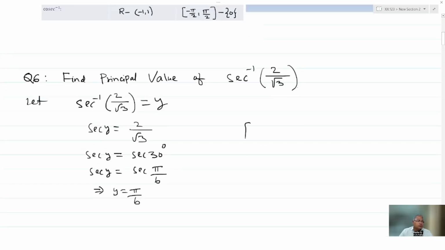So theta is greater than or equal to 0 and less than or equal to pi, minus pi by 2. So we got the answer pi by 6. Therefore, the principal value of sec inverse of 2 by root 3 is equal to pi by 6. This is the answer.